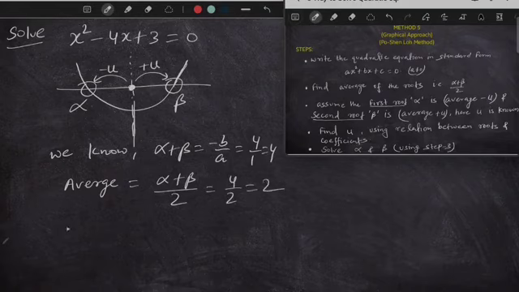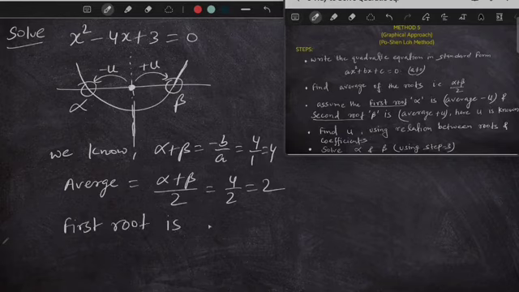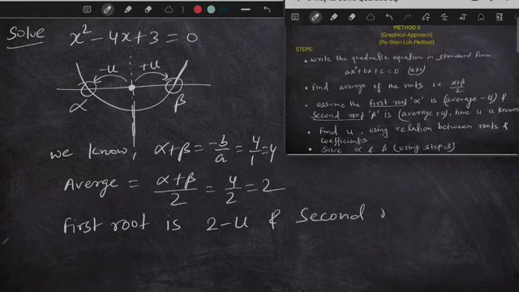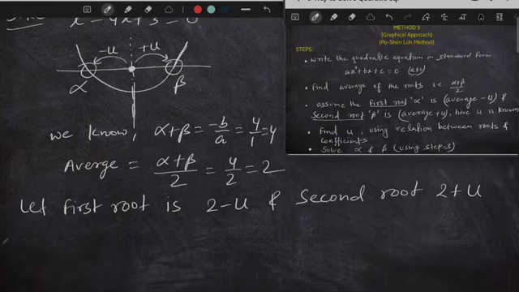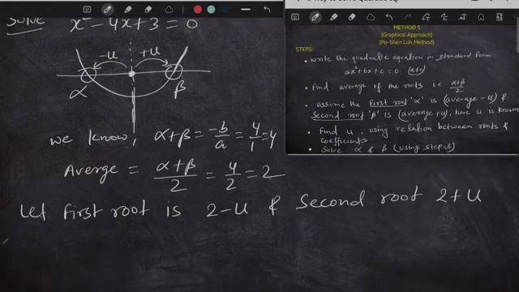So my first root is 2 minus u and the second root is 2 plus u. Let u be assumed. Now the next step is using the relation between roots and coefficient, alpha into beta, the product of roots.